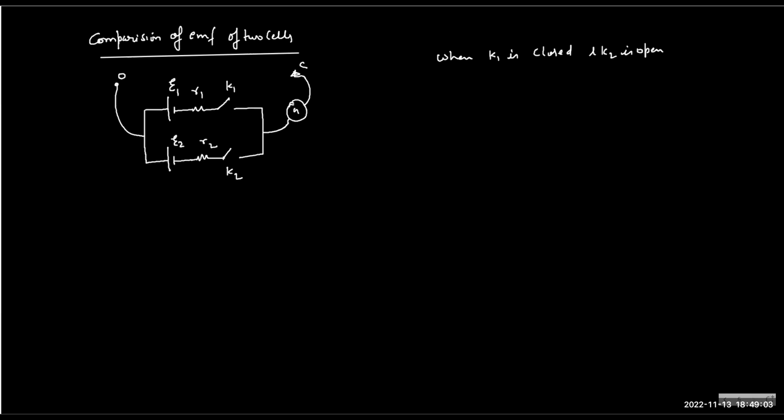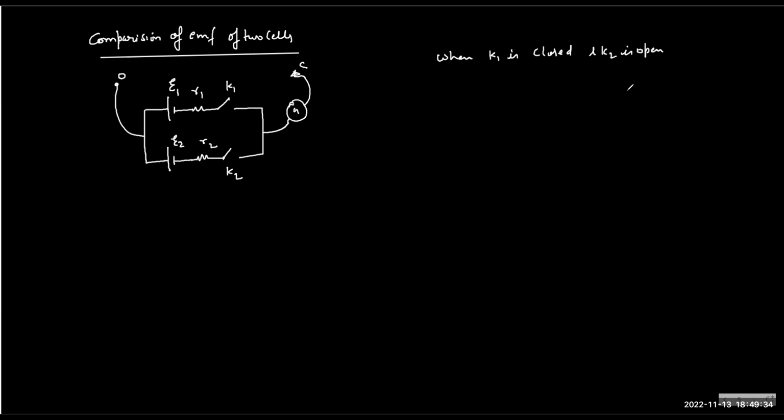So if you connect O to the left-hand side and C to somewhere in the middle of the wire, and if I close K1 itself, not K2, then which cell is active and which is not part of the circuit? If K1 is closed, only E1 is part of the circuit. E2 cannot be part of the circuit at all.